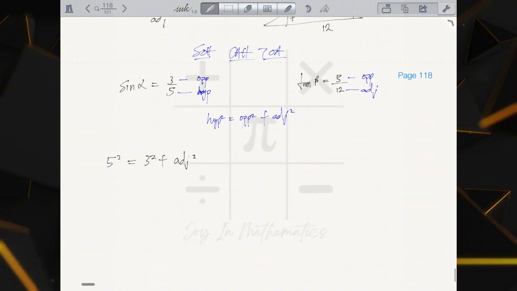Therefore, the adjacent squared is equal to 5 squared minus 3 squared, which is 25 minus 9, which is equal to 16. And if adjacent squared is equal to 16, then the adjacent is the positive root of 16. So the adjacent is equal to 4.